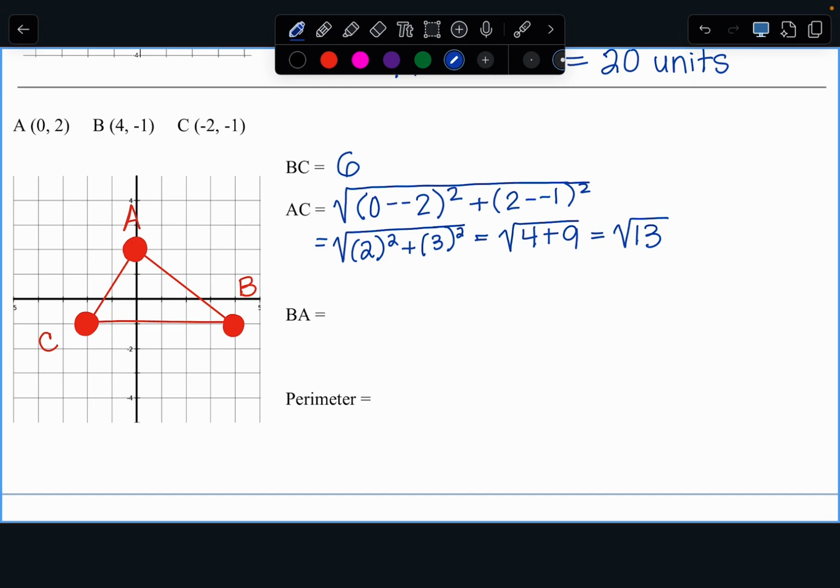B to A. Let's find that distance as well. Zero minus 4 squared plus 2 minus -1 squared.